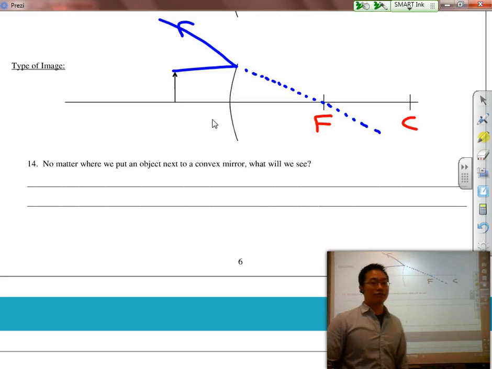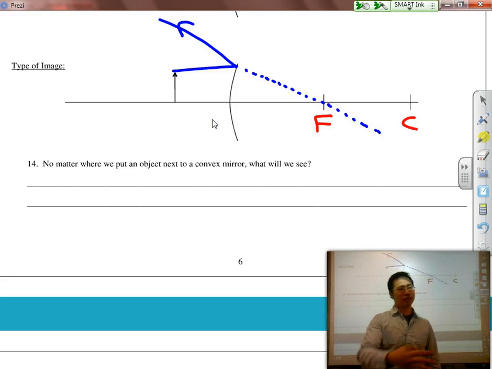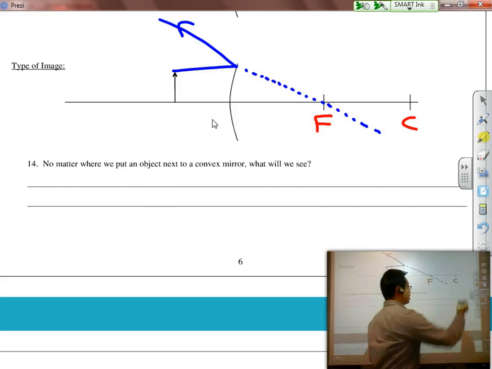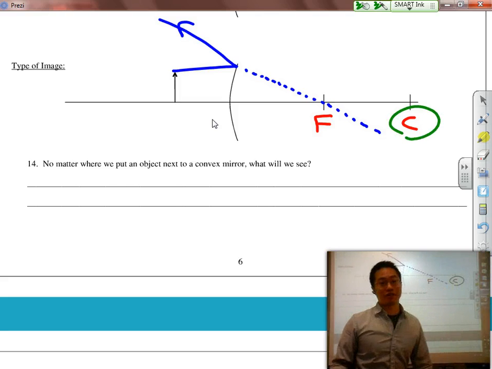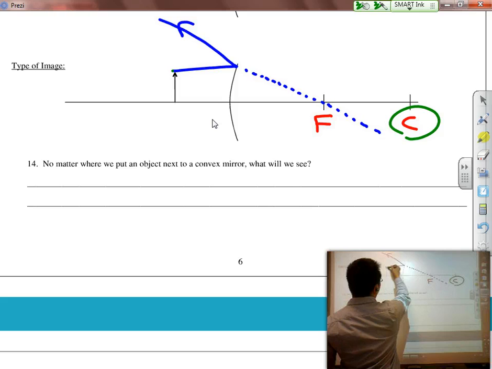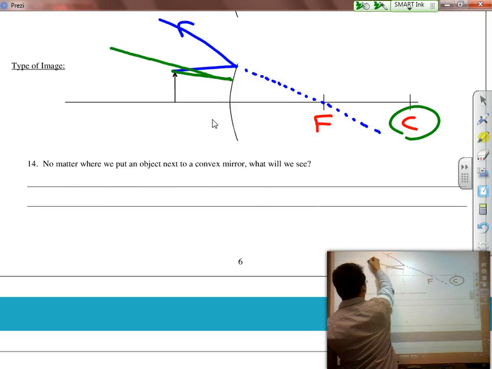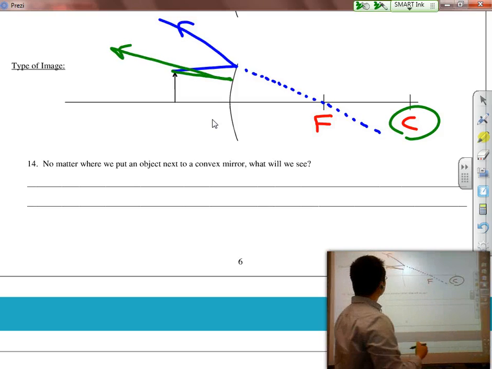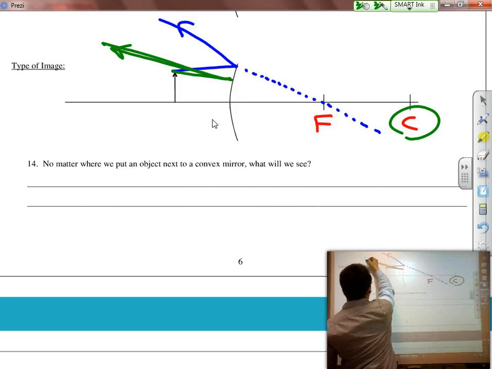The second line, normally we do is through F and parallel, but for convex mirrors, it's a little complicated. So rather, I'm going to use the third line, one of my check lines, straight through C. But C's on the other side. Yes, I know. Well, that means when it hits the mirror, in reality, it bounces back straight exactly on the point.